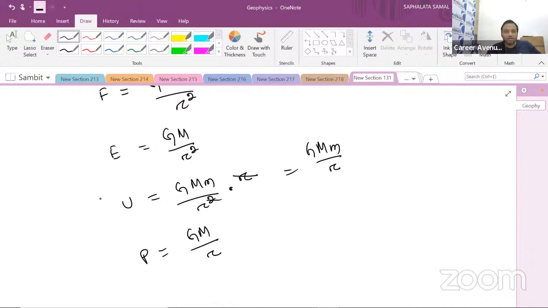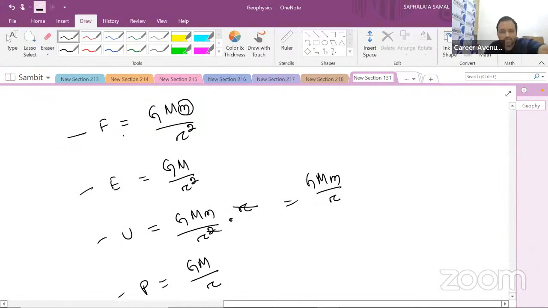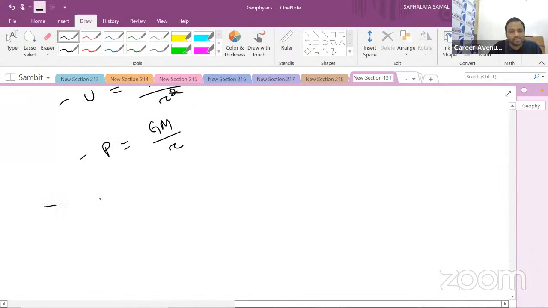These 4 equations all of you should remember. Actually, you don't need to remember them. If you know the first equation, let me summarize the points. We have a force, we have a field. Field is force per mass.